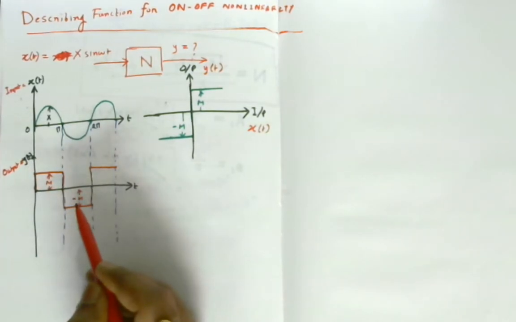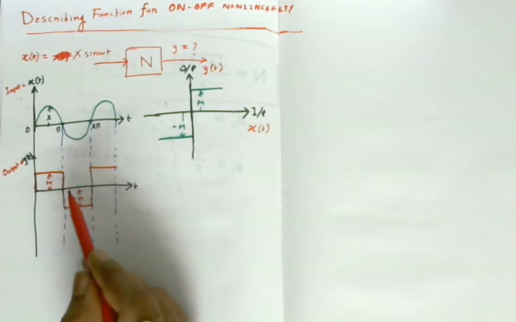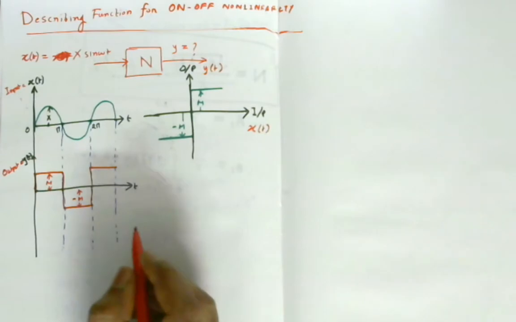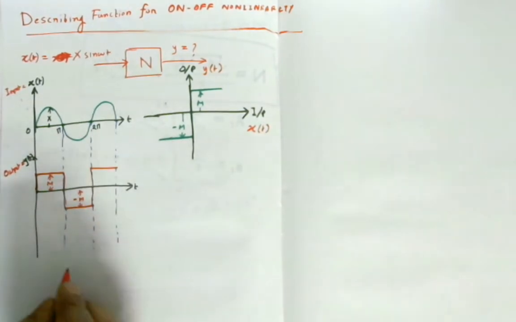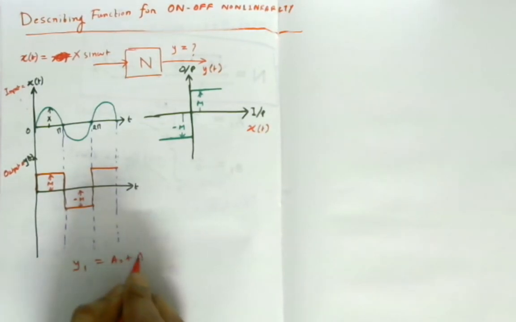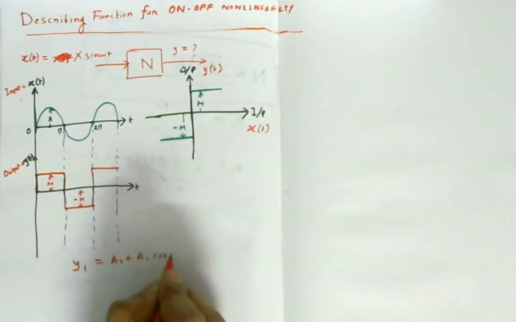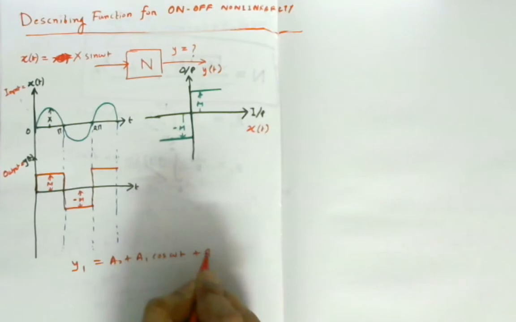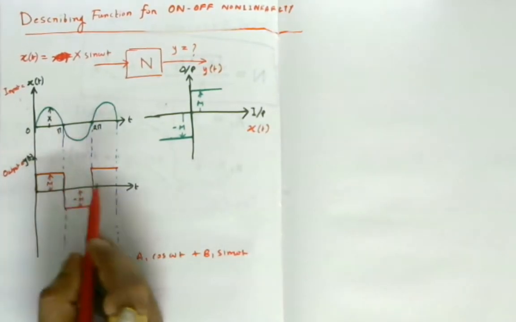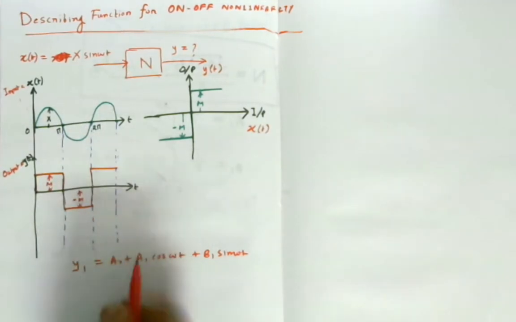Since it is symmetrical, there should be no DC component. We write y1 as a0 plus a1 cos omega t plus b1 sin omega t, but since it is a symmetrical waveform, a0 is 0.